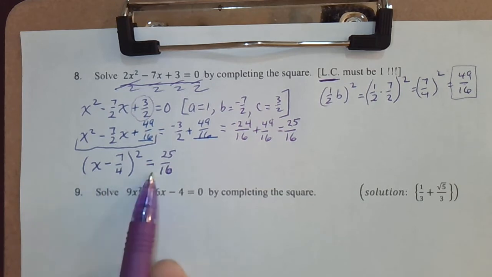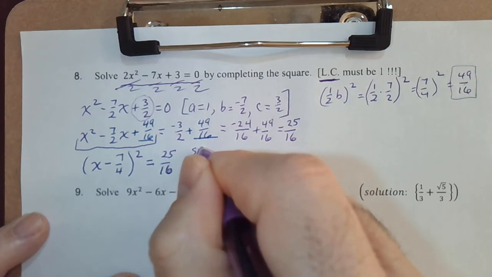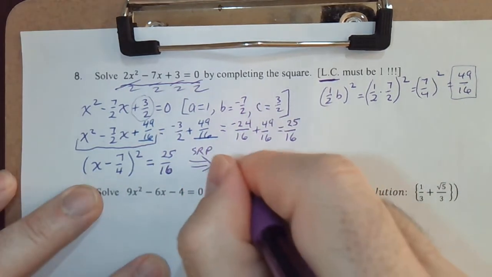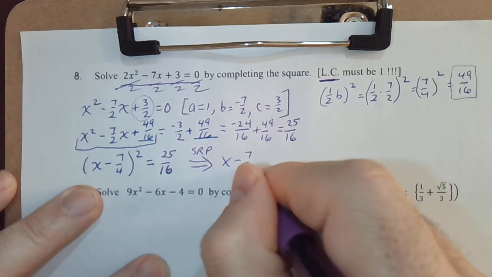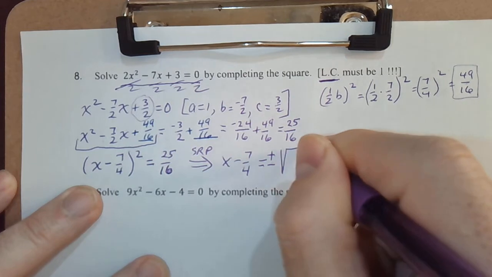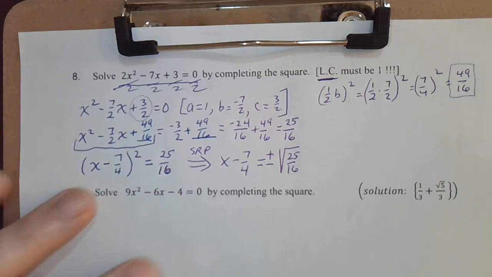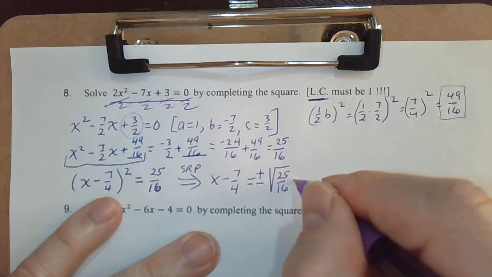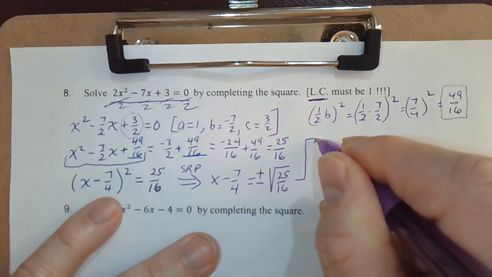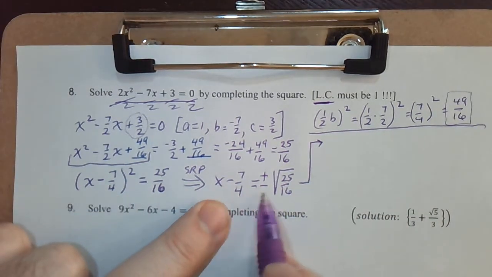The next thing we're going to have to do is use the square root property to get x minus 7 over 4 equals plus or minus the square root of 25 over 16. So now we just have a little bit of simplifying to do. I'm going to add 7 over 4 to both sides to get x by itself.